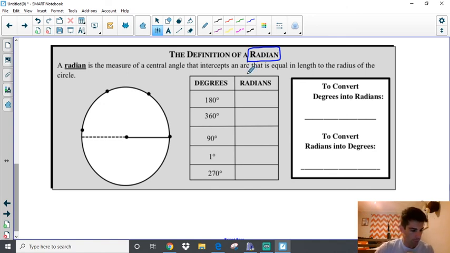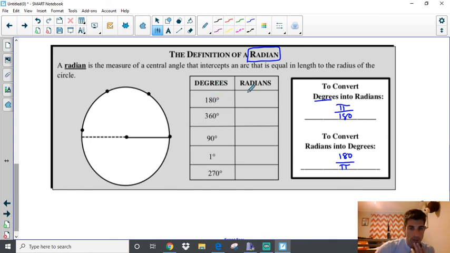So when we're measuring in radians now, to convert degrees to radians or radians into degrees, there is a reference table, or you're just going to multiply your degrees by pi over 180. Or the other way around, it goes 180 over pi.